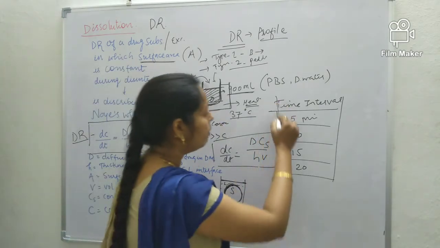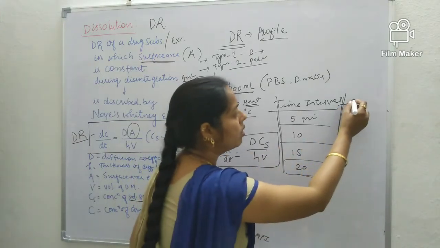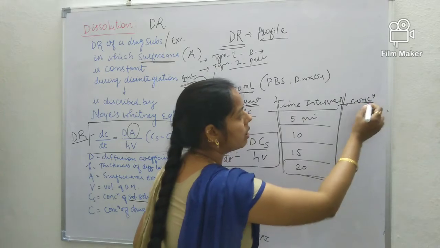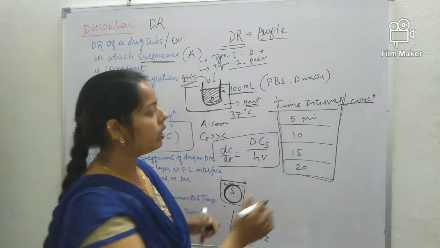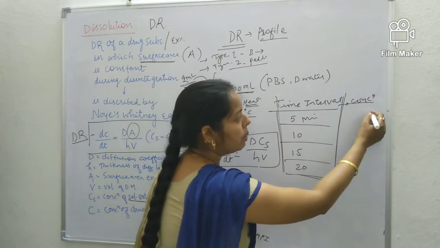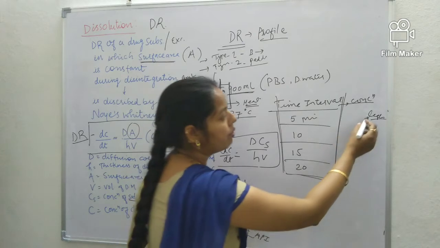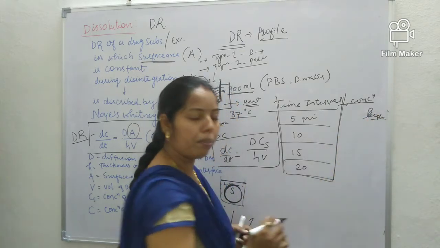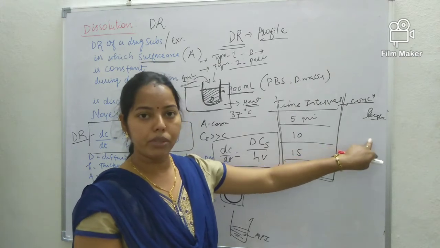Then when we have taken all the samples, we find the concentration of the samples through a UV spectrophotometer. This concentration could be in microgram per ml or mg per ml. If it is in microgram per ml, then we have to convert microgram into mg.